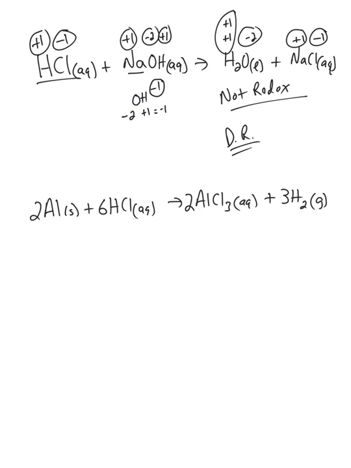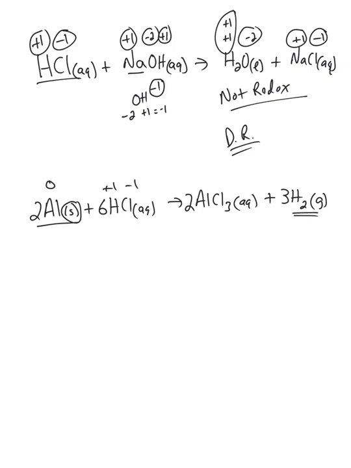All right, let's look at the next one. Aluminum. Aluminum is in a solid state. It's by itself. It's not in its ion state. Okay? As an element by itself, it's going to have a 0 oxidation number. We just did HCl up above, +1 and -1. On the right side, H2, hydrogen gas, that's the elemental form of hydrogen.